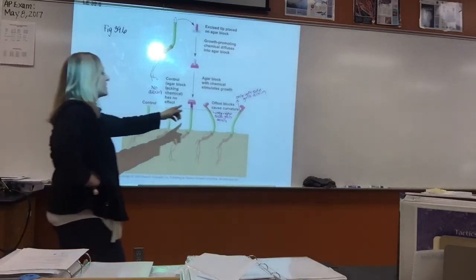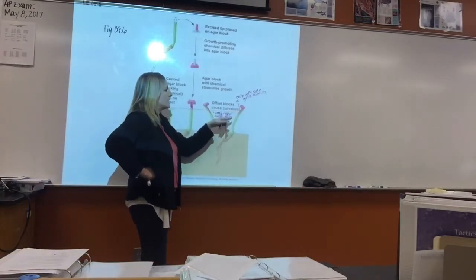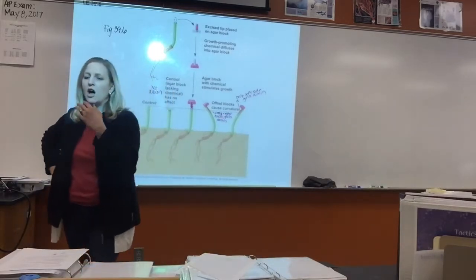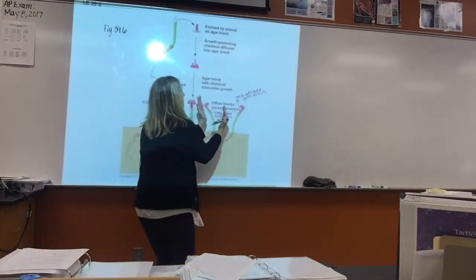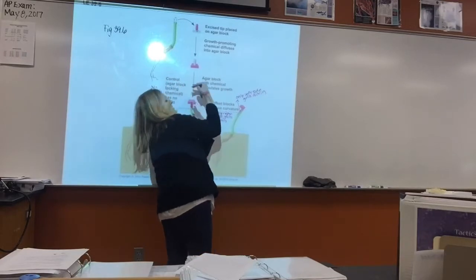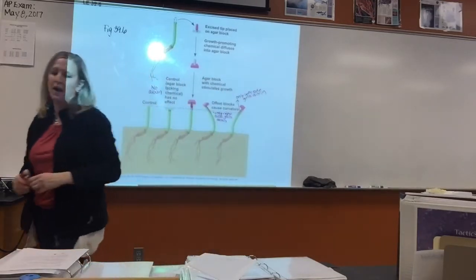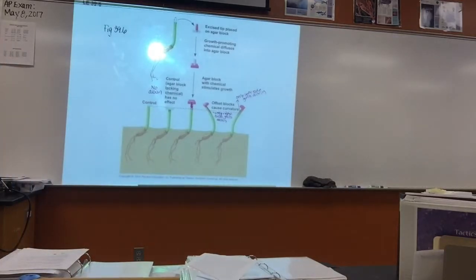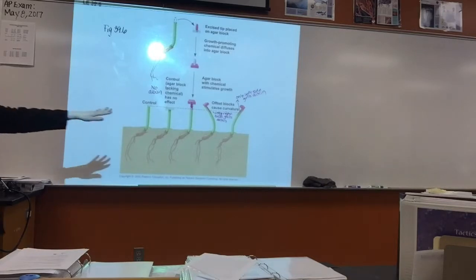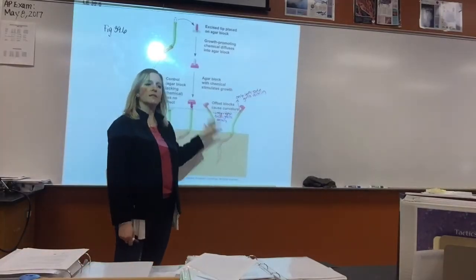So here on the side that's getting the auxin, the cells are elongating, and when the cells elongate, it causes the bending. On this side here, the cells are elongating, and it's caused the bending this way. And so that's why you get it to the left or the right. So this bending is happening without sunlight.